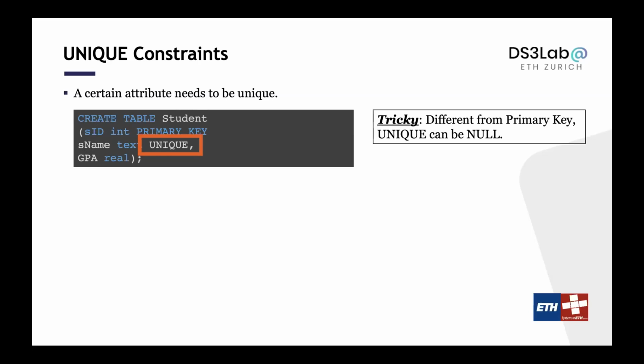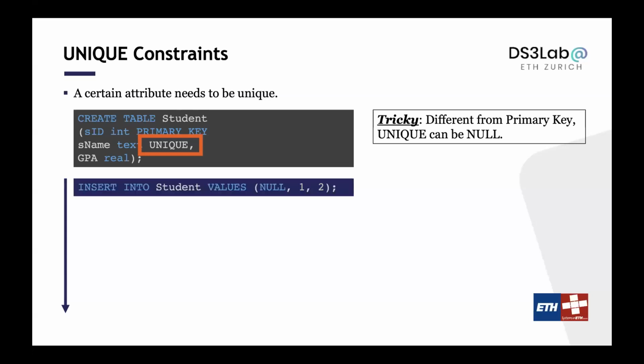The difference between this and the primary key is that this attribute can be null. Null is actually fine, and you can have two null values in this column.